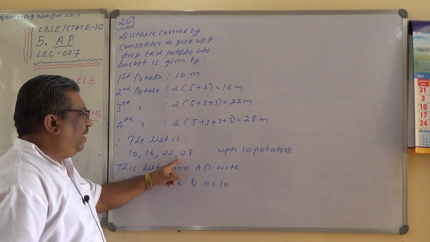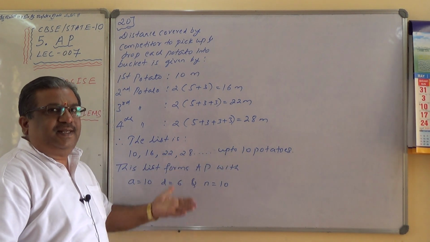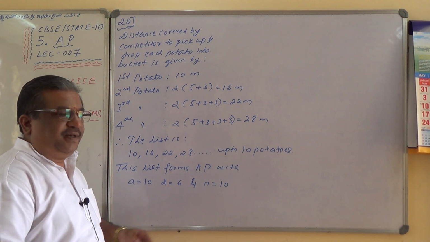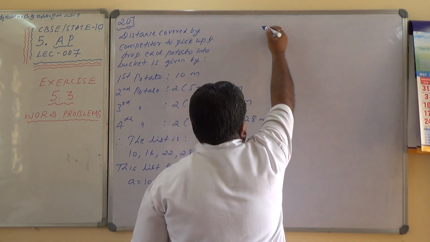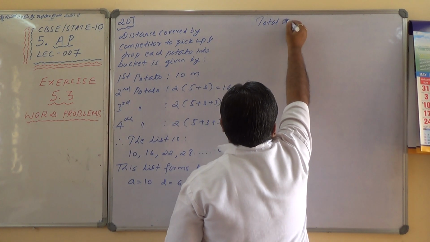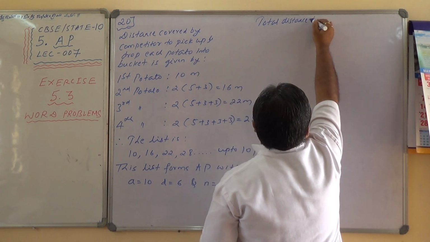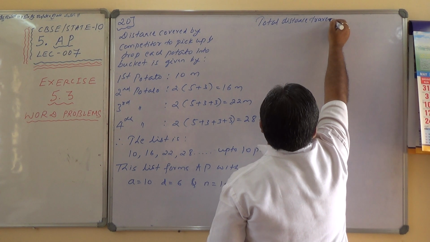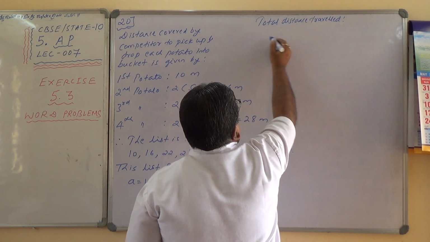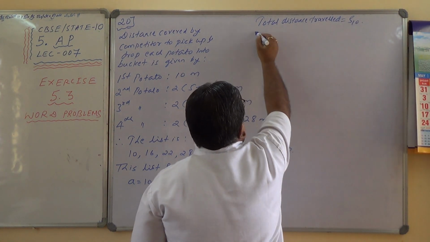If this forms an AP up to 10 potatoes, the sum of all these numbers is S10. That is the total distance covered by the competitor.